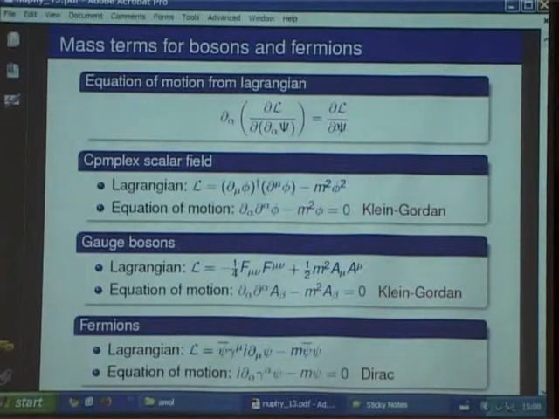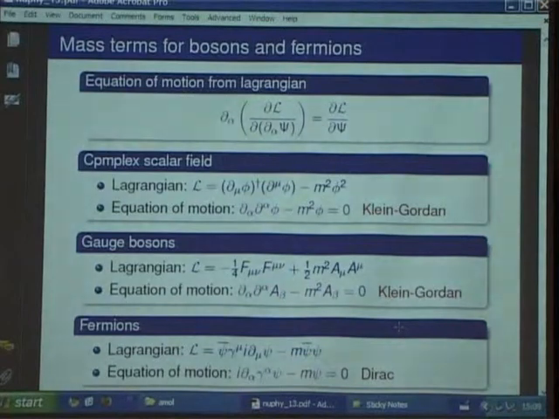Now, if I have a complex scalar field, and my Lagrangian is ∂_μ phi dagger ∂^μ phi minus m squared phi squared, then from that I write the equation of motion, and I get this. And this you recognize as the Klein-Gordon equation.